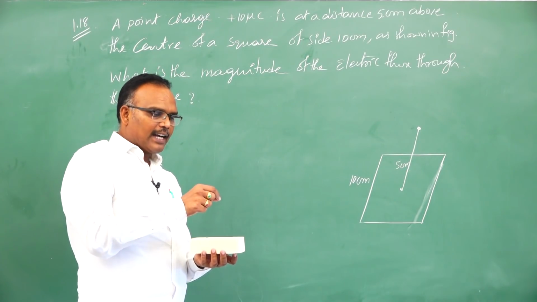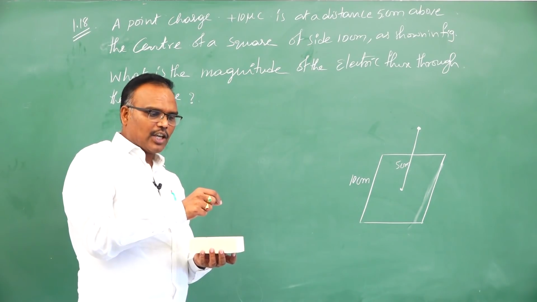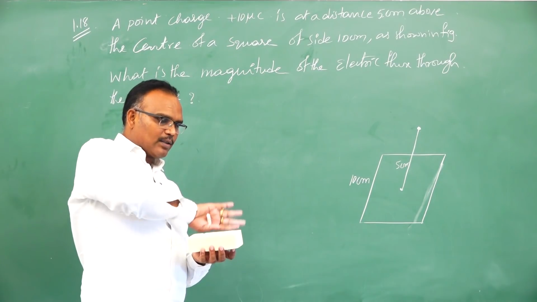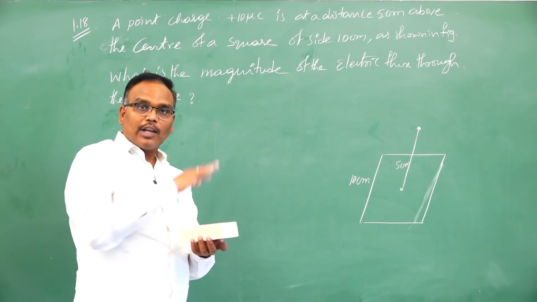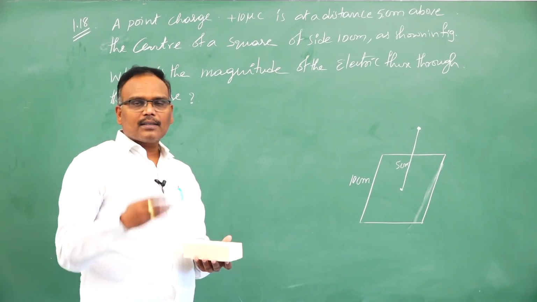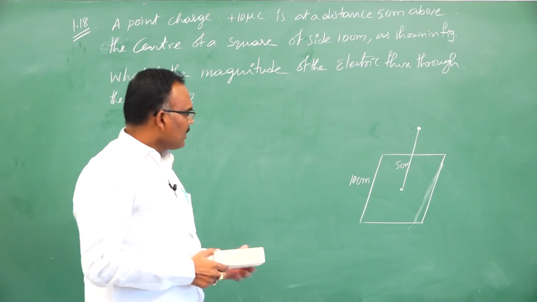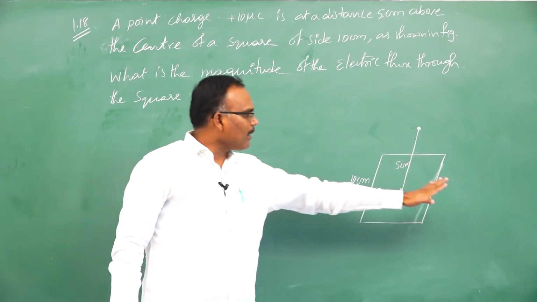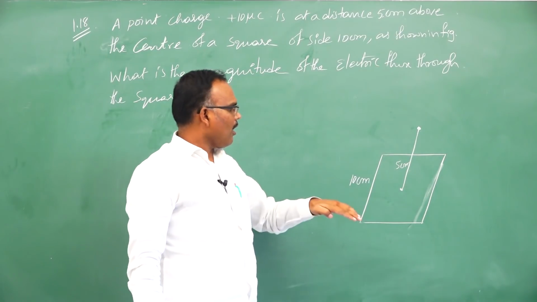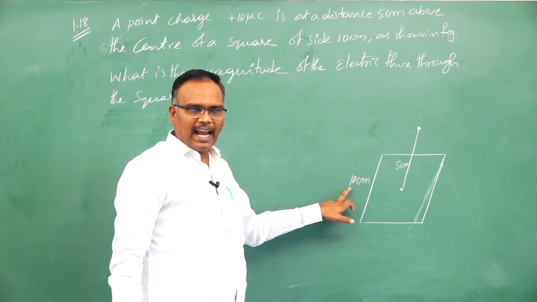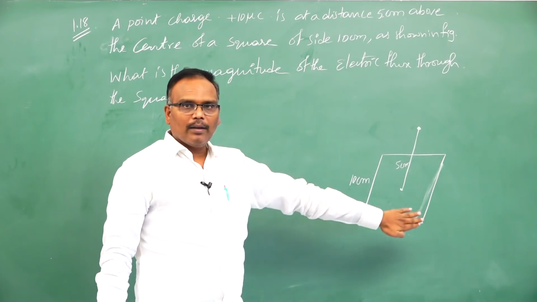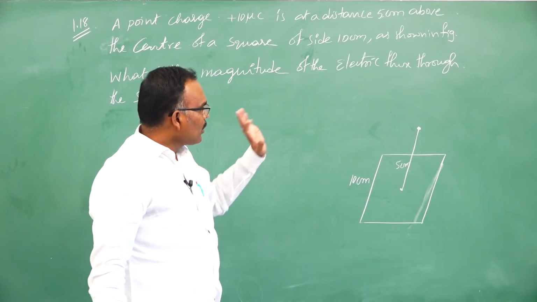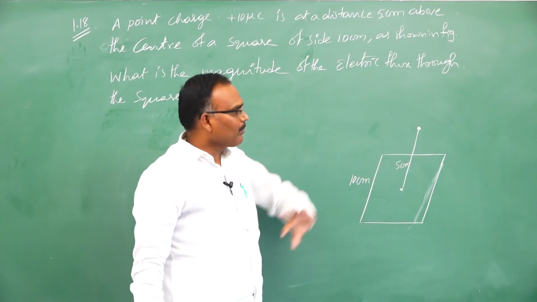From its center at a distance 5 centimeters we have a charge Q. If I place one more square here, square, square, square, you will get a cube. Just imagine yourself, this is the bottom face of the cube. If you place the remaining 5 faces of same area 10 by 10, you will get a cube. This charge will be at the center of the cube. So that means we have a symmetry.